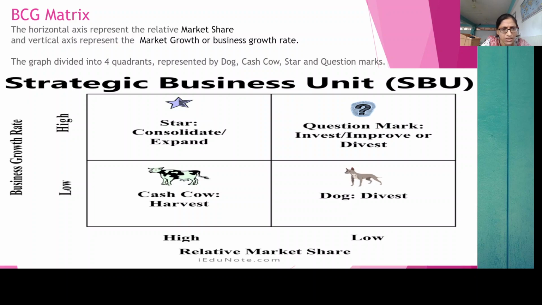These products are basically in the star category, and this product needs more investment in terms of advertisement, other promotional activities or other strategic decisions.